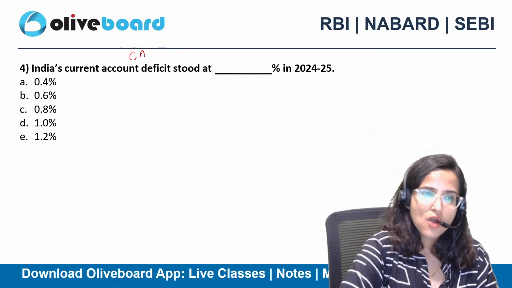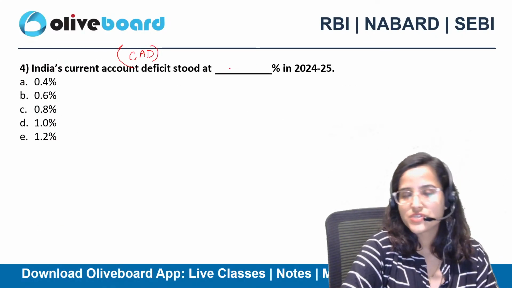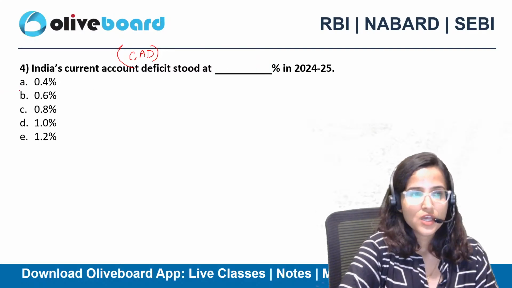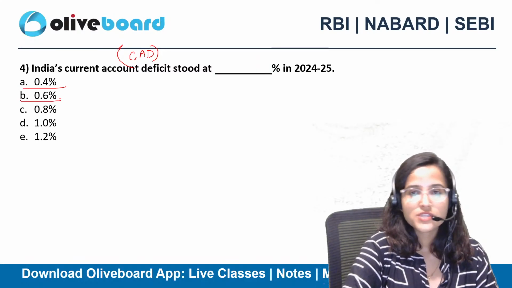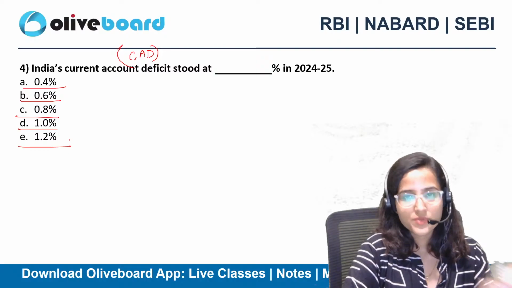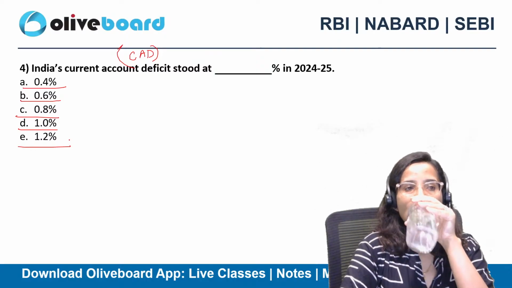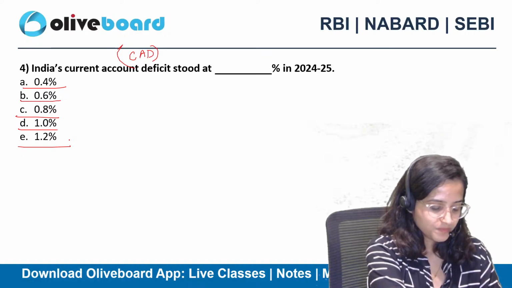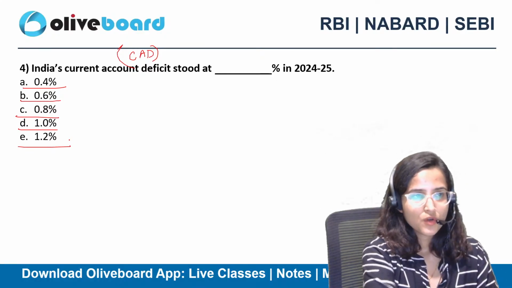India's current account deficit stood at dash percent in 24-25. Options: 0.4%, 0.6%, 0.8%, 1%, or 1.2%. Fourth question.